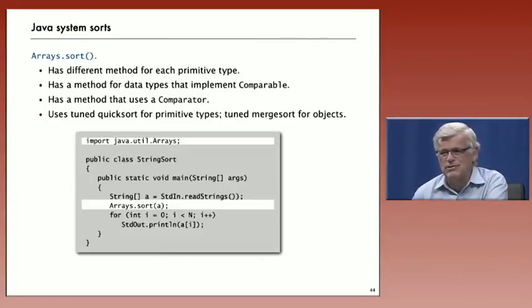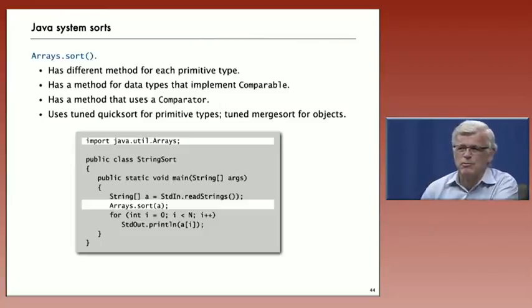It uses a tuned quicksort for primitive types of data and a tuned merge sort for objects. Why two different? It's just the designer's assessment of the idea that if a programmer is using objects, maybe space is not a critically important consideration, and so the extra space used by merge sort maybe is not a problem.